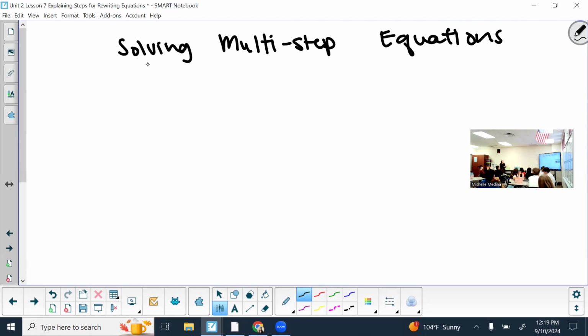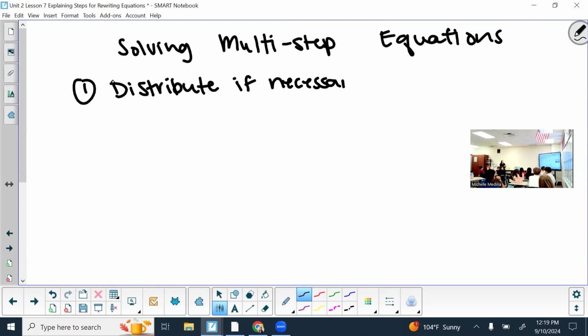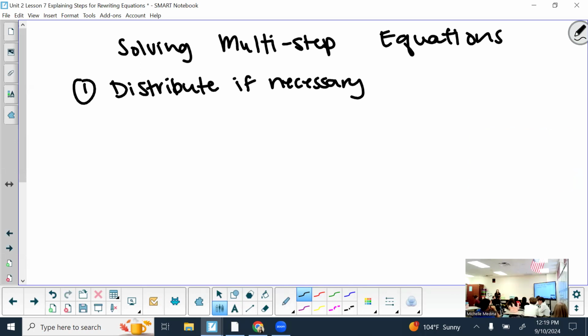So solving multi-step equations. First step would be to distribute if necessary. Do you guys know when to distribute? How do you know when to distribute? What should be there? Parentheses. And I'm going to make a random example, so this may or may not work out nicely.